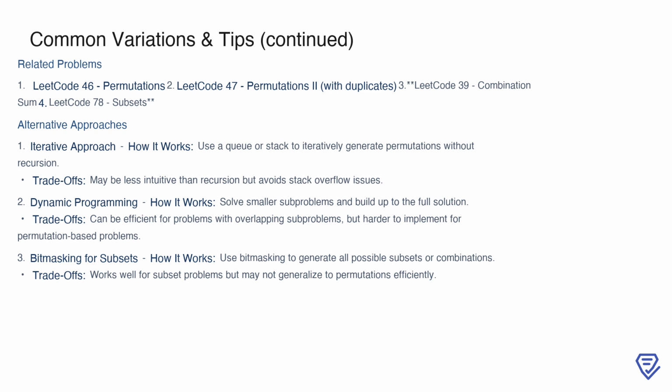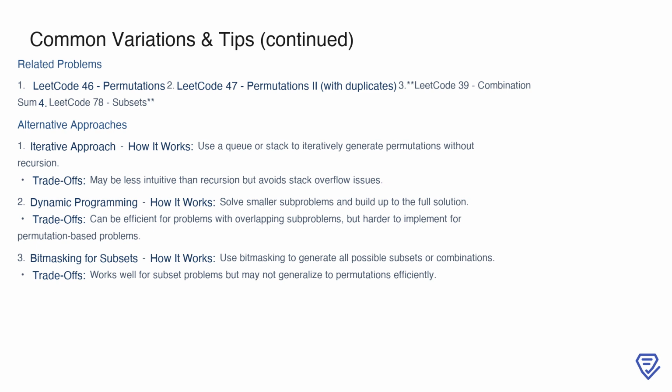Now, let's consider alternative approaches. An iterative approach, for instance, uses a queue or stack to generate permutations without recursion. While it avoids stack overflow issues, it can be less intuitive to implement. Another option is dynamic programming, where smaller subproblems are solved and combined into the full solution. This method works well for problems with overlapping subproblems, but it's usually harder to apply to permutation-based challenges.